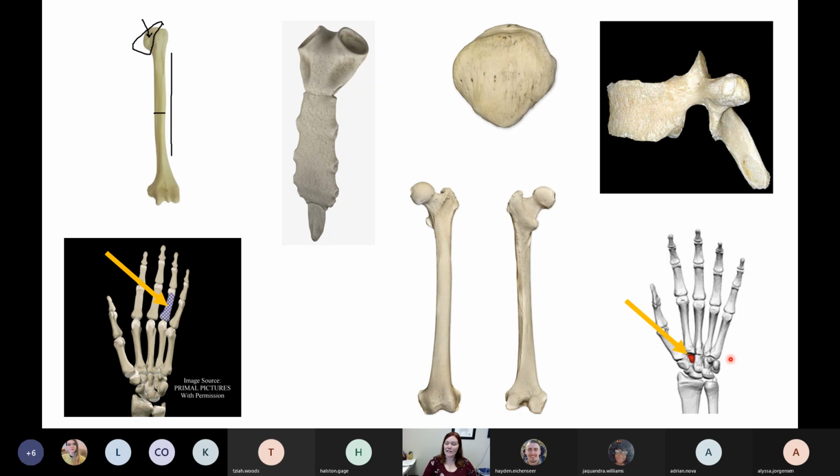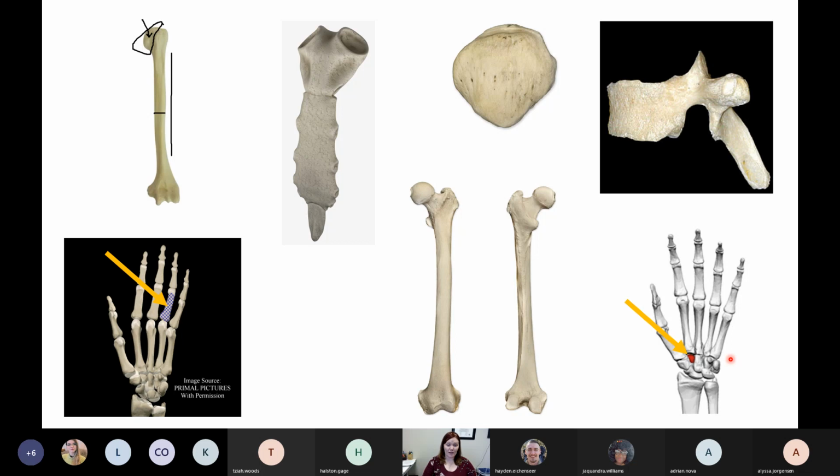Yeah, several of us have typed in, several of us still typing in. When we talk about the wrist bones or the ankle bones, we're talking about very typical short bones. So short bones, the bones that we find in the wrist, the bones that we find in the ankle.